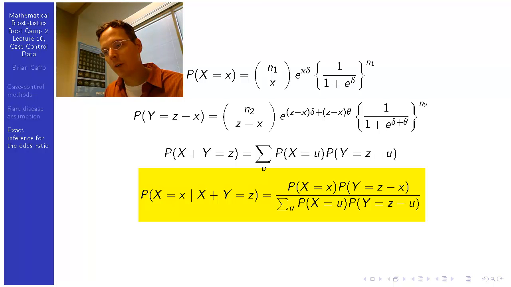Just to elaborate on that point, the probability x takes on value x and x plus y takes on value z is the and probability. Then given that, because we're stipulating that x is value x, that's the same thing as the probability y takes on value z minus little x, and then we can factor those probabilities into the product. So that's the numerator right here, and then the denominator I'm just plugging directly in the probability x plus y takes on value z.